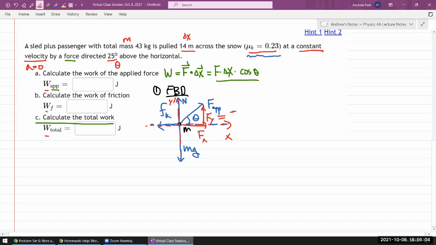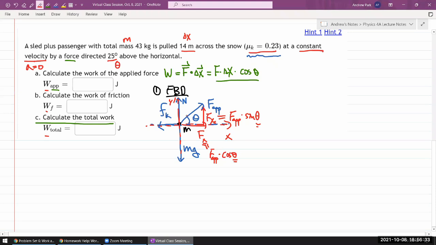So my y component is going to be applied force times sine theta. My x component is going to be applied force times cosine theta. But don't get into the habit of always associating these with the y and x. You always have to check the triangle, use SOHCAHTOA. So sine is opposite over hypotenuse, cosine is adjacent over hypotenuse, and all that.